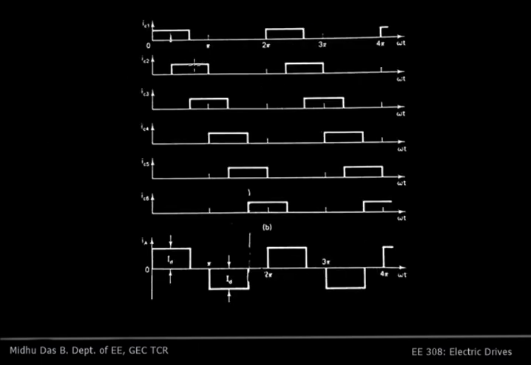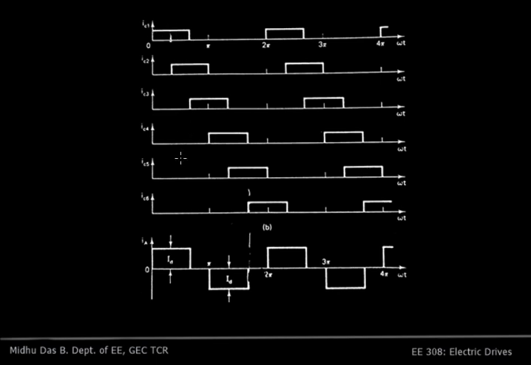Now these are the gate signals which are provided to the 6 thyristors. If you observe the signals and the waveform, you will see that these are similar to a 6-step inverter voltage waveform. So I am leaving that analysis for yourself.